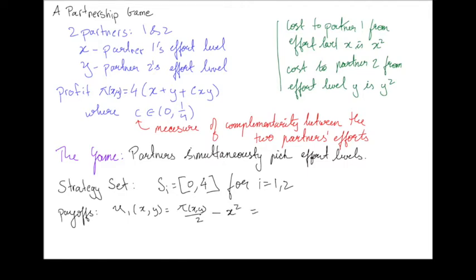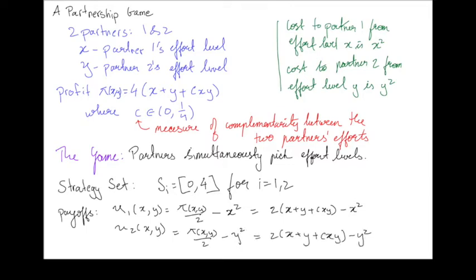So that's 2 times x plus y plus cxy minus x squared. Similarly, player 2's payoff from the strategy profile x, y is half the profit minus the cost of expending effort y, which is y squared. We're going to use the idea of rationalizability here by first finding the best responses and then eliminating those strategies that are never a best response.